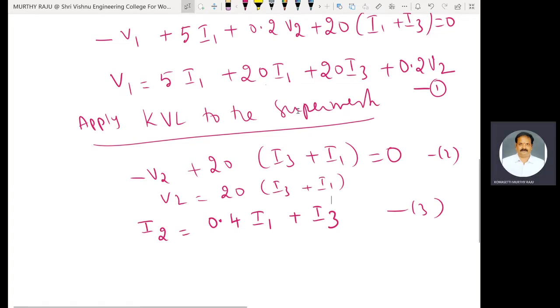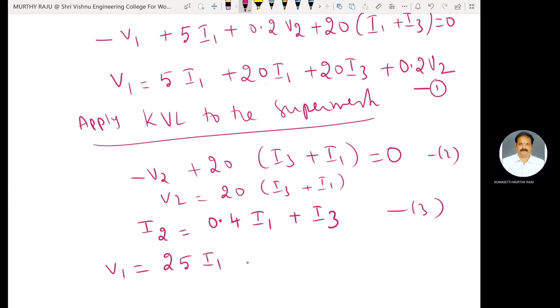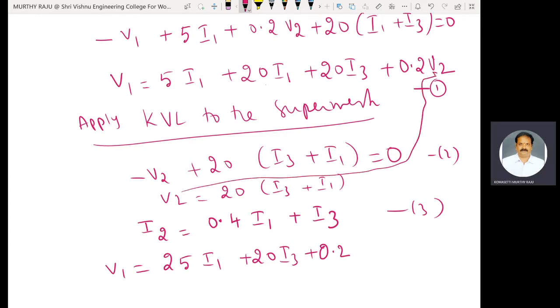Okay, substitute second equation in the first equation. We know that V1 is equal to 20 I1 plus 5 I1, that is 25 I1 plus 20 I3 plus 0.2 V2. Substitute V2 here. V2 is 20 I3 plus 20 I1.